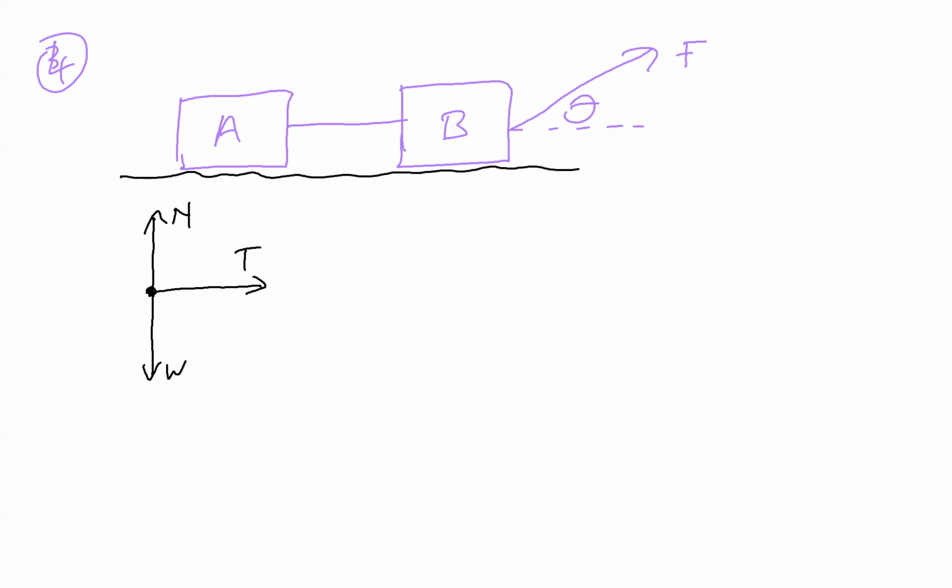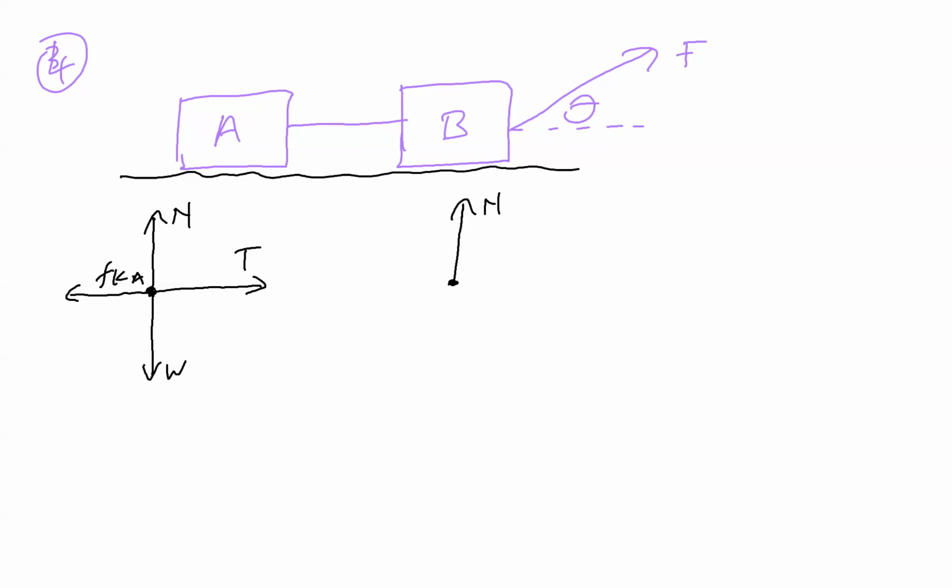Tension, the force that holds the two objects together, is called tension, ne? Yes, sir. Fk, of course, this is Fka. Then on B, can you please define tension first? Tension is the force that connects the two objects.